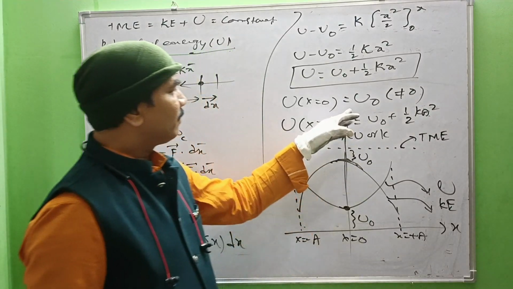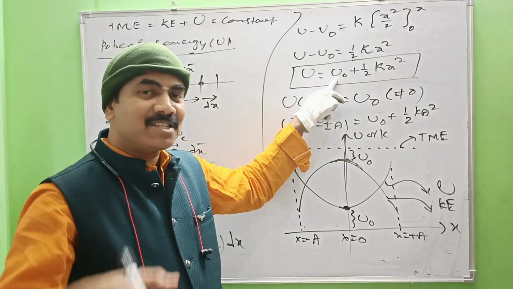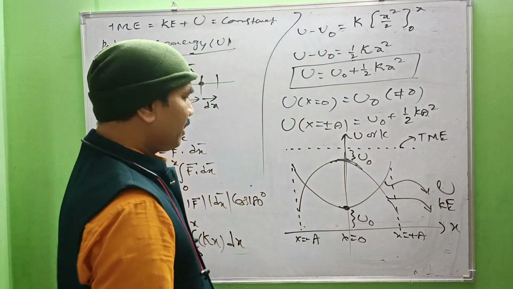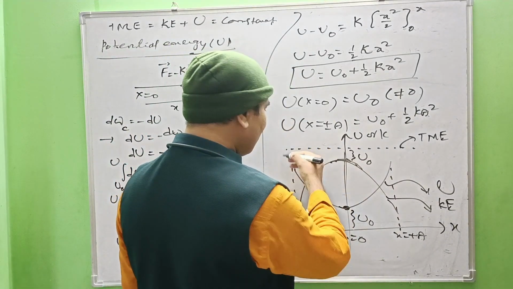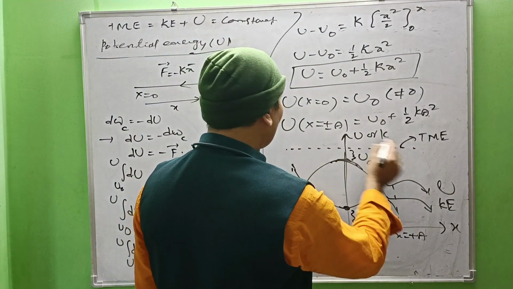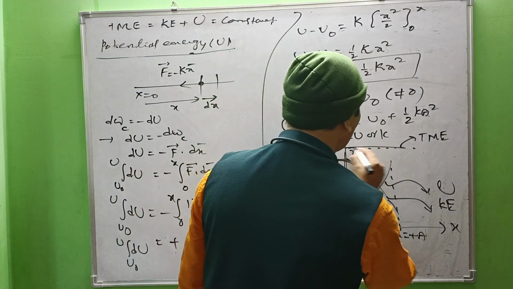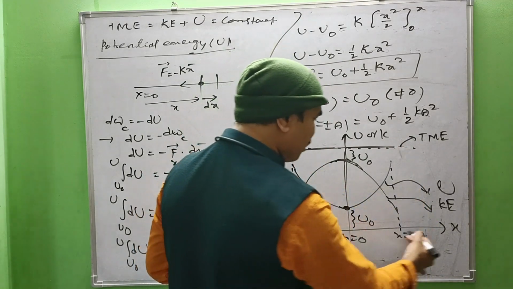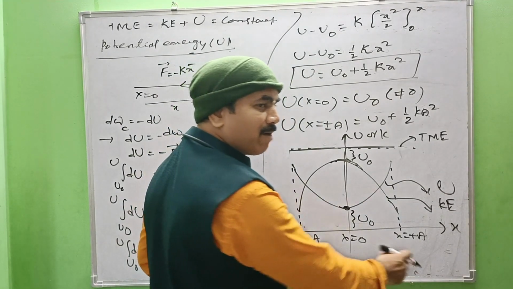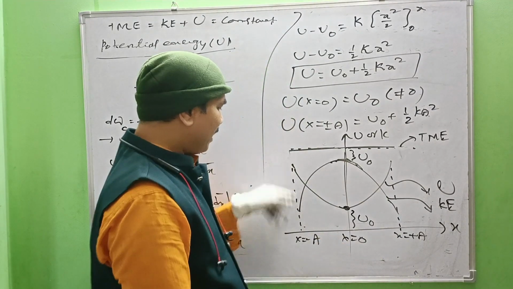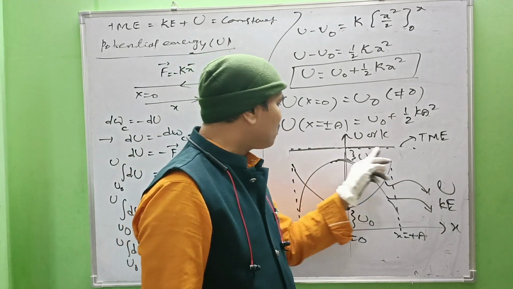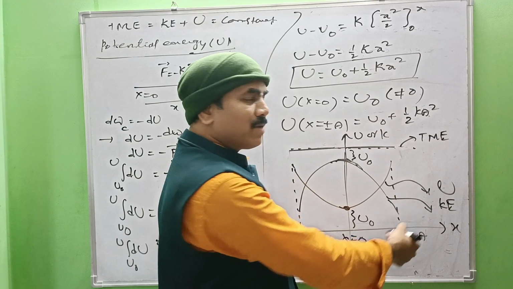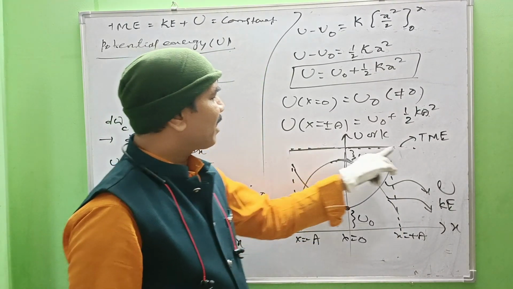In the case where potential energy is not zero at its mean position, the total mechanical energy remains constant from here to there, at any position between plus or minus amplitude. Potential energy as well as kinetic energy changes, but total mechanical energy remains constant.